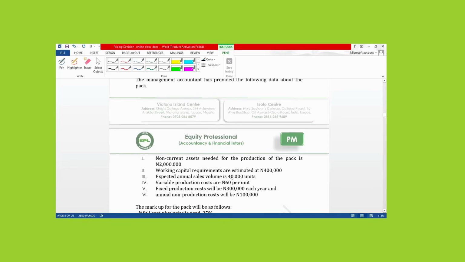Expected annual sales volume, 40,000 units. Variable production costs are 60 naira per unit. Fixed production cost will be 300,000 naira each year. Annual non-production cost will be 100,000.